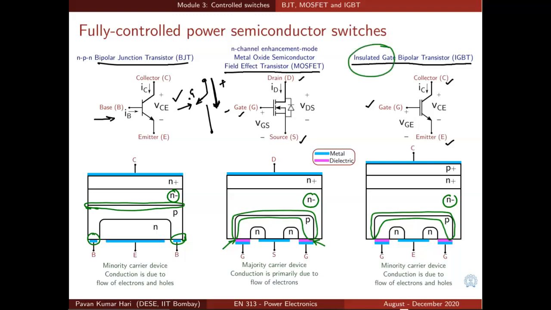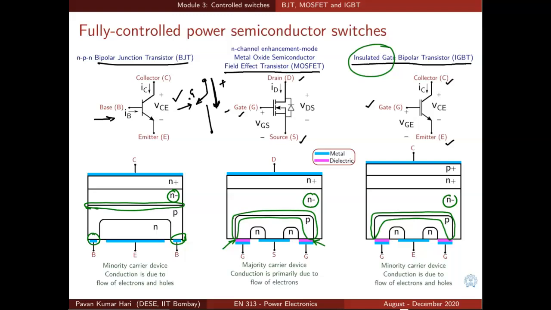The control terminal is insulated. That means we have a metallic contact and then we have the semiconductor block. In between there is a dielectric material. So the control terminal is insulated. That is why the term insulated comes in the name of IGBT. So this metallic surface, and we have a semiconductor surface which could be conducting, and in between a dielectric.